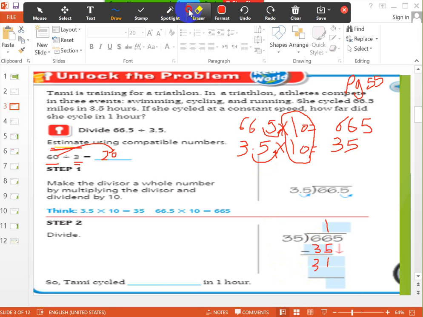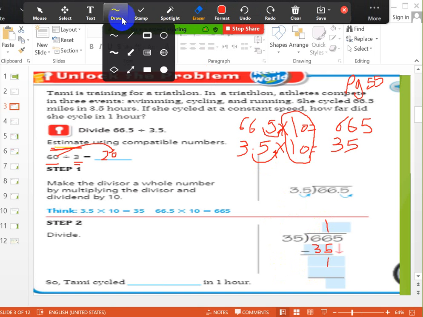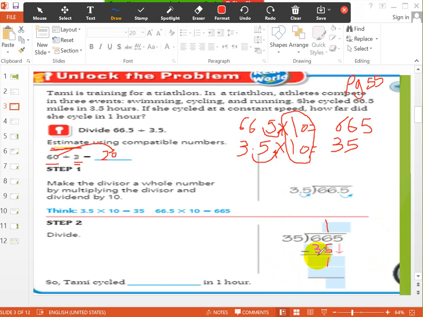Now what do I have to do? Can I divide 31 by 35? No, I can't. So I will take the 5 and put it next to the 31. So the number will be 315. How will I divide this by 35? Okay, think about it. How many 35s are in 315?